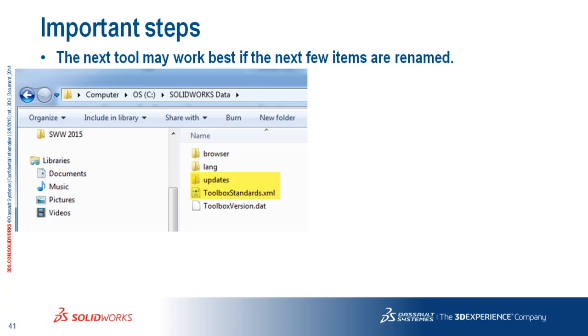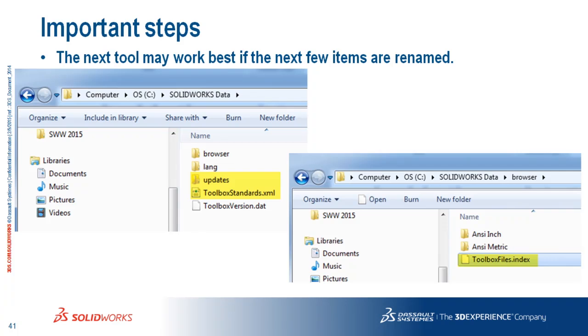Toolbox Standard XML old, great choice too. Next, Toolbox Files.index. This is inside the browser folder. SOLIDWORKS data, browser, index file, okay? The other two files, sorry about that, were C drive, SOLIDWORKS data, C SOLIDWORKS data updates, Toolbox Standards.xml, inside the browser folder, Toolbox Files.index.